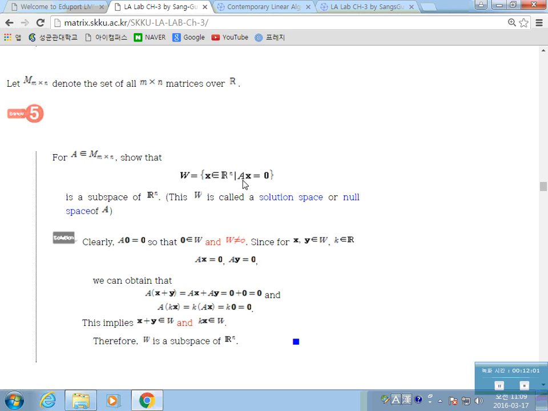This W is called the solution space or null space of A. This W is the set of all solutions of Ax = 0. When you solve this linear system of equations, what you are actually looking for is this set W, the solution set, which has a solution space structure that satisfies two conditions.